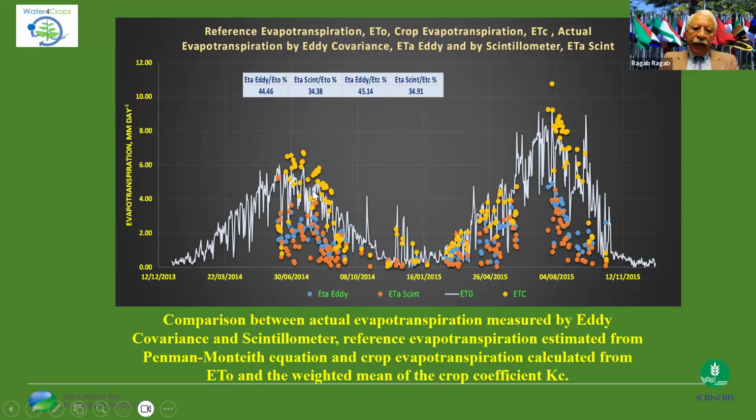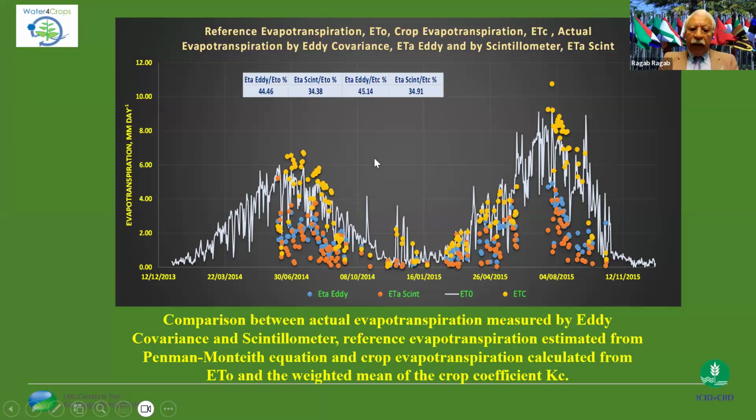And then we compare that with what we measured as actual evapotranspiration by scintillometers and Eddy Covariance. The Eddy Covariance is the blue dots, and the scintillometer is the orange dots, well below, of course, the ETo reference obtained by the equation.